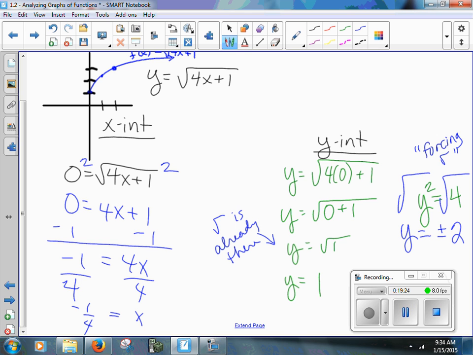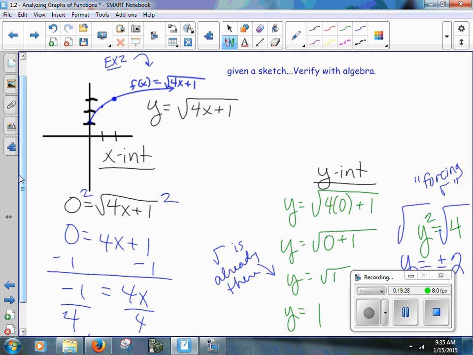And I want you to think, if you did put plus or minus 1, y is equal to plus or minus 1. Does that curve even come down here to negative 1? Yes or no? Why? Think about it.